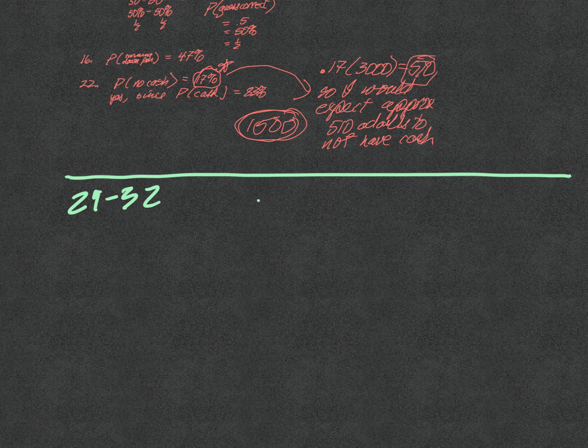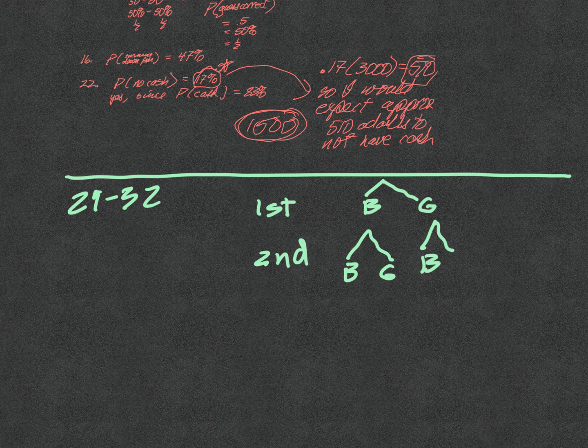So, for instance, there's a first child and a second child. Say a couple has two children. Okay, so what are the probabilities of the situations? Well, the first child, they could have a boy or a girl. If they have a boy, their second child could be a boy or a girl. If they had a girl, their second child could be a boy or a girl.